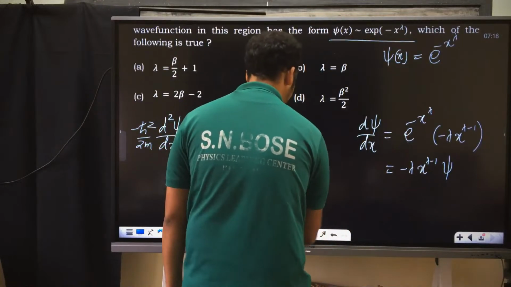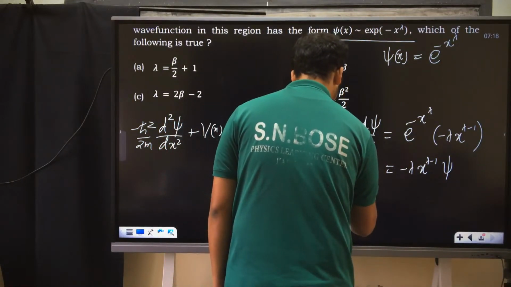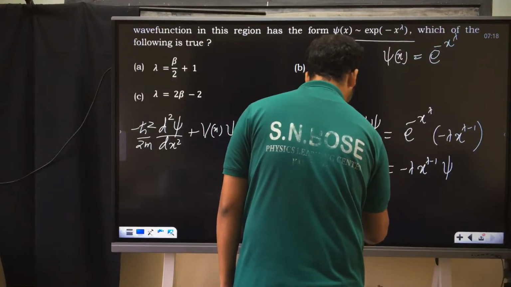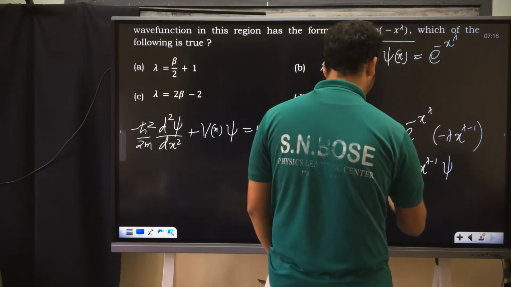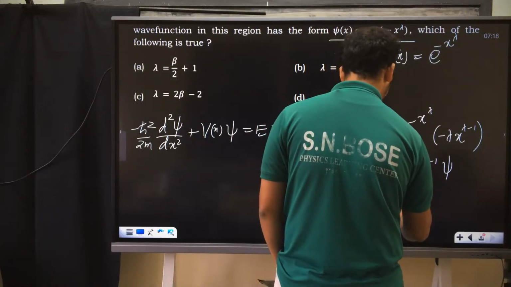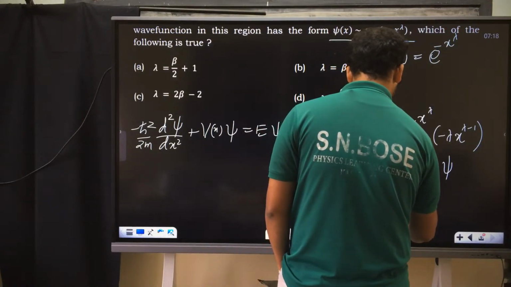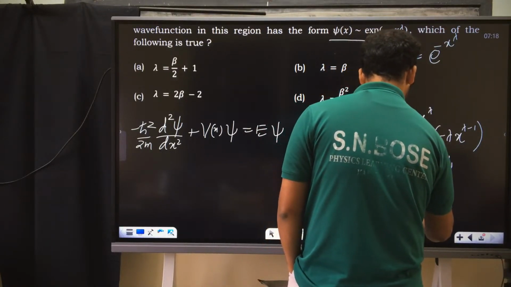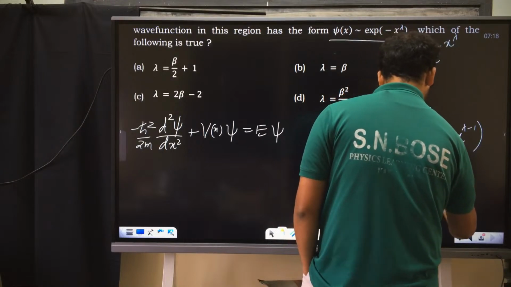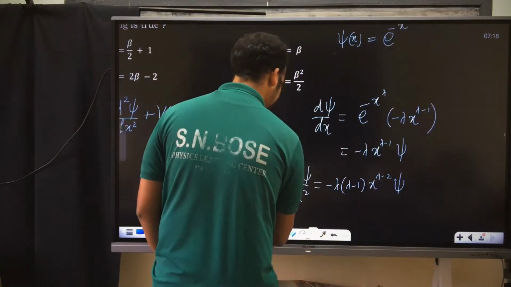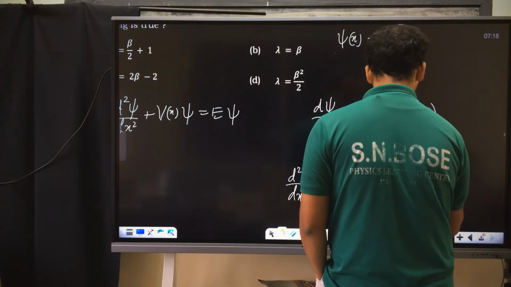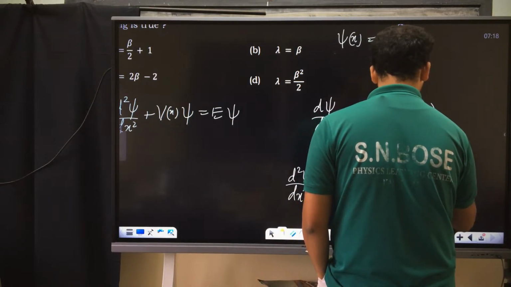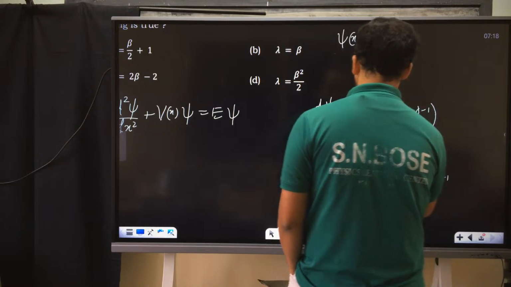So d square psi by dx square is equal to minus lambda, I'll take its derivative, lambda minus 1 x power lambda minus 2 psi as it is, plus minus lambda x power lambda minus 1 times d psi by dx.